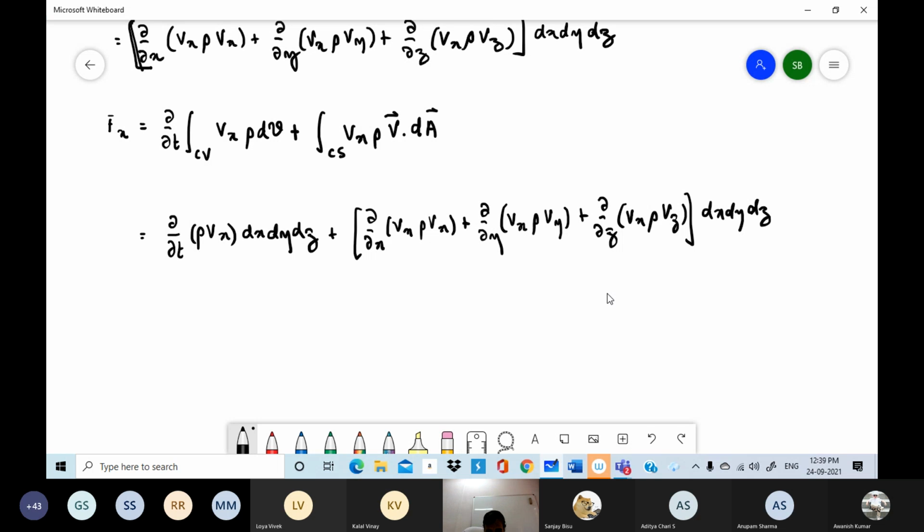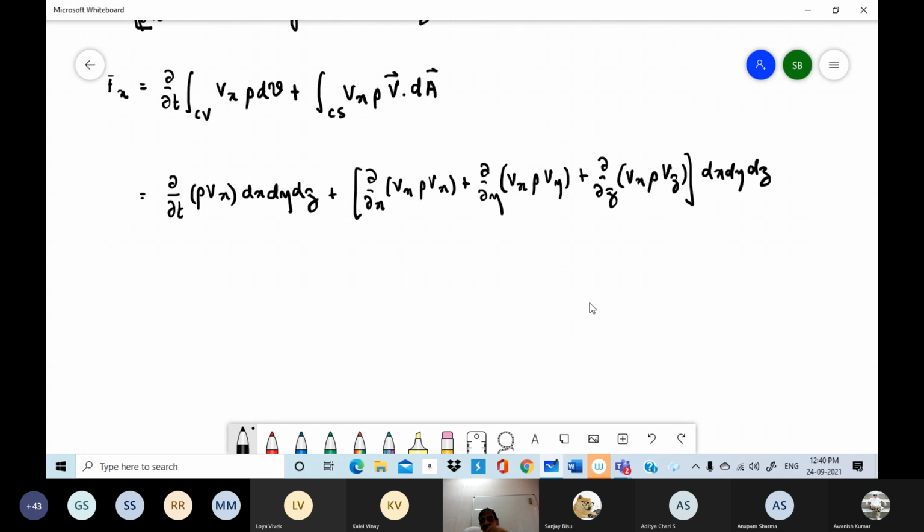So similarly, since I'm dealing with an elemental volume, when I'm considering a system, then it's relevant to consider per unit mass of the system remains constant. When I'm considering a control volume, it is more convenient to talk in terms of per unit volume.